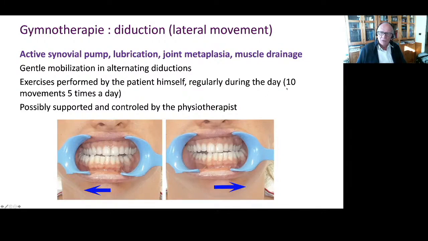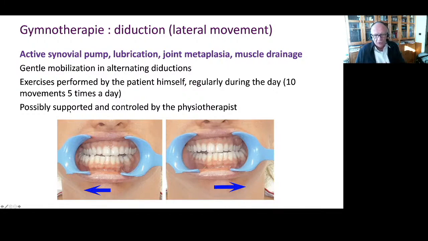The counseling for the movement is 10 movements 5 times per day. 10 lateral occlusions on each side, quiet, stop in the middle, another 10 times. 10 movements 5 times per day.